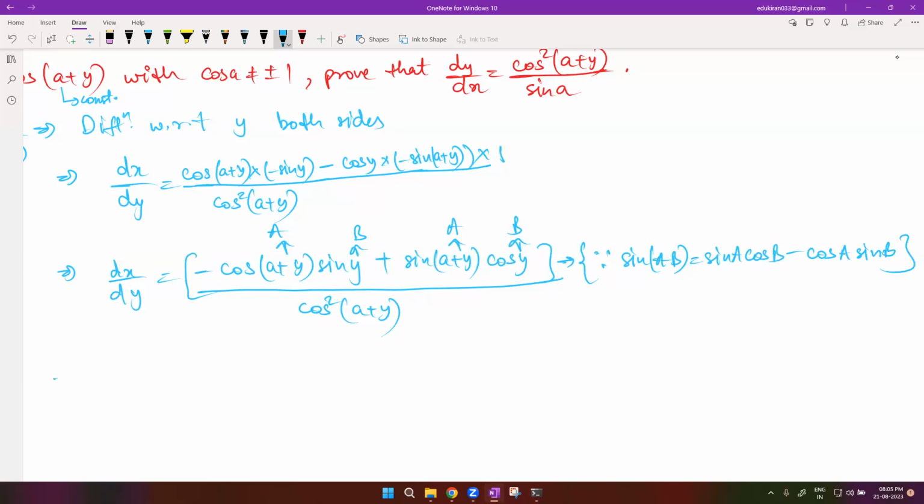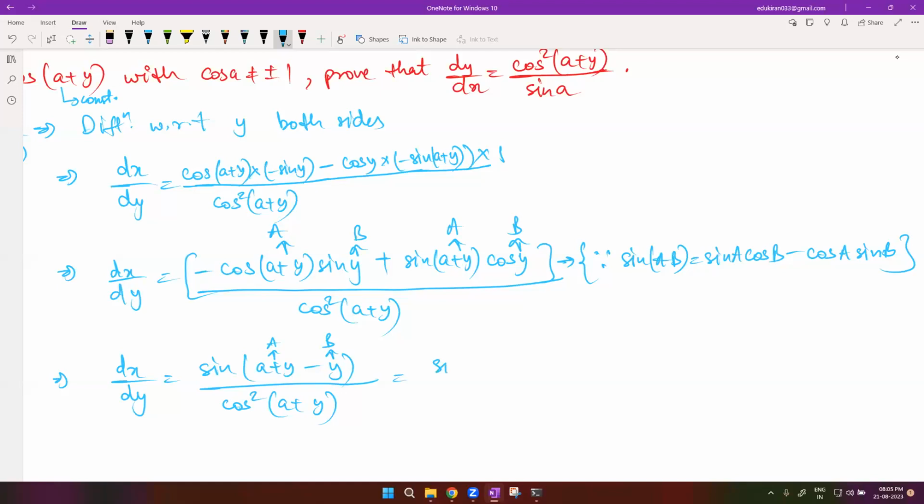Use that formula here. So dx by dy is equal to, this is nothing but sine of A minus B. So you know angle A is a plus y, minus angle B is y, divided by cos square a plus y. This is nothing but a minus B. Right?